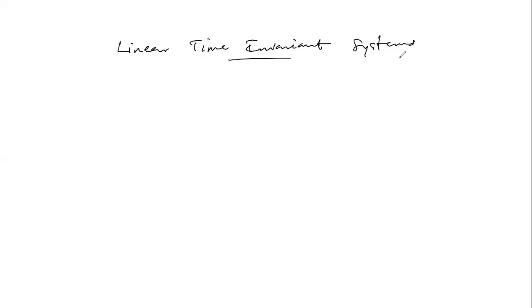Now, the continuous time systems are described by differential equations, and usually they have a general solution that is the sum of the zero state response and the zero input response, okay?